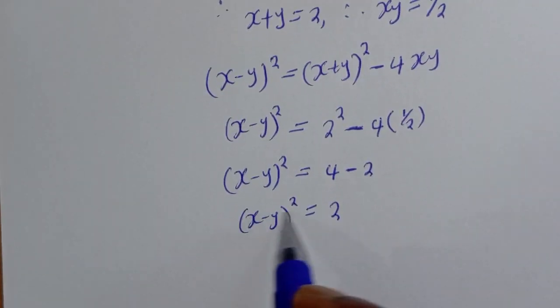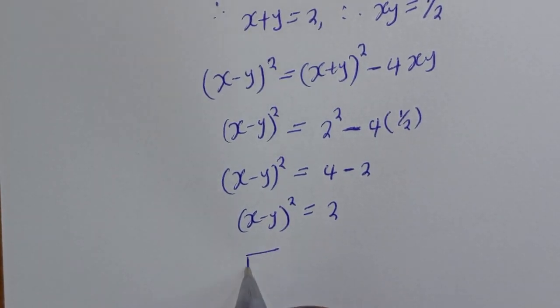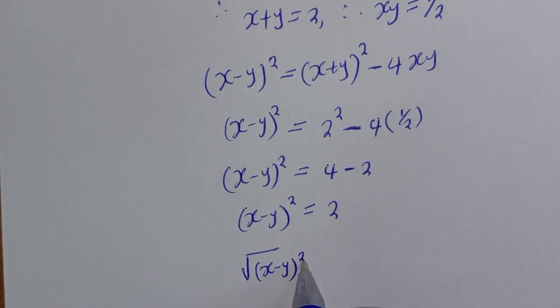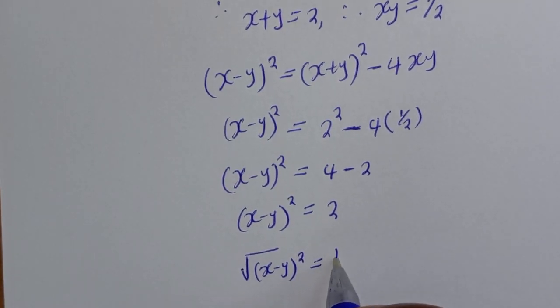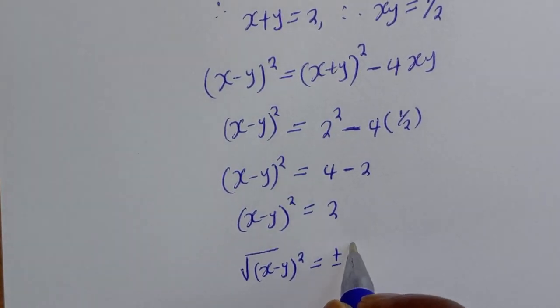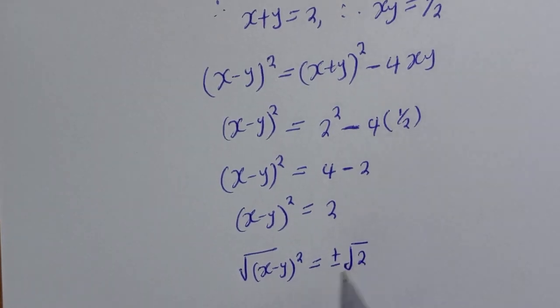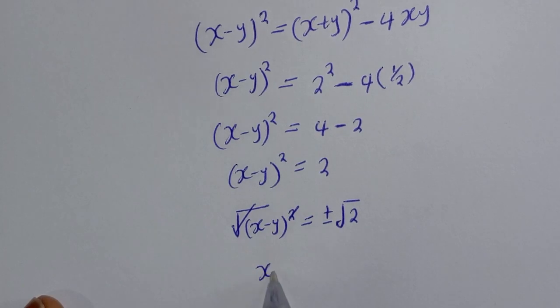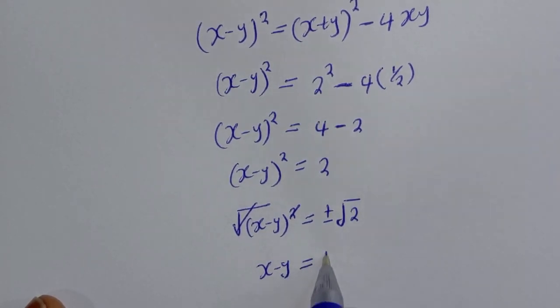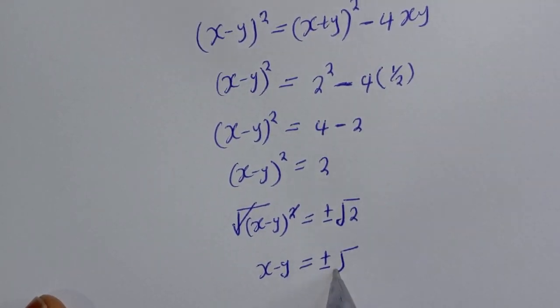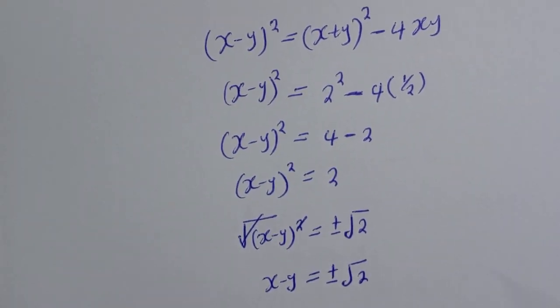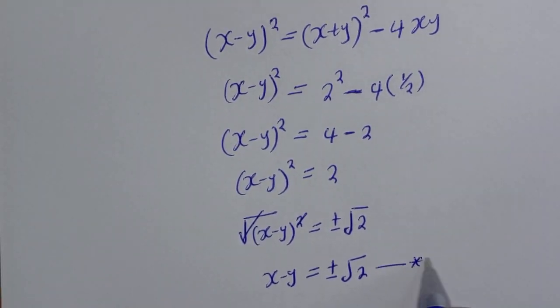Now let's take the square root of both sides. The square root of x minus y all square is equal to plus or minus square root of 2. This will cancel this. x minus y is equal to plus or minus root 2. So let's call this equation double star.